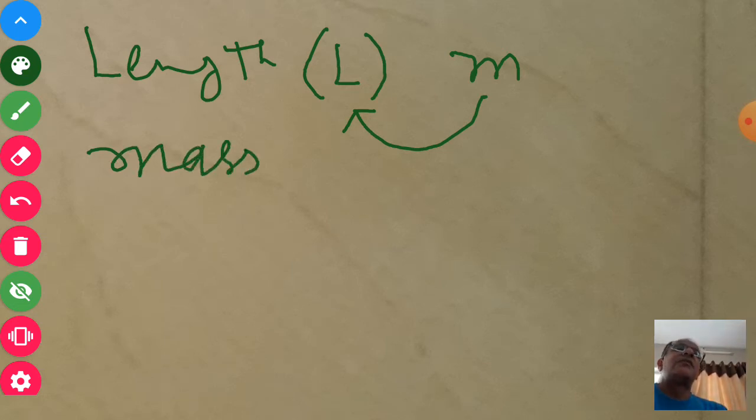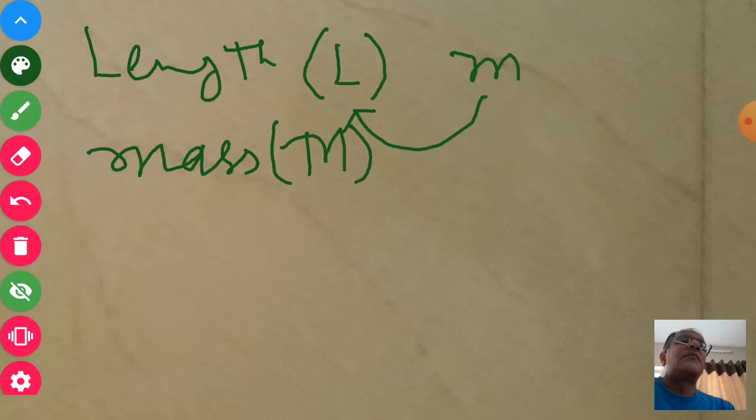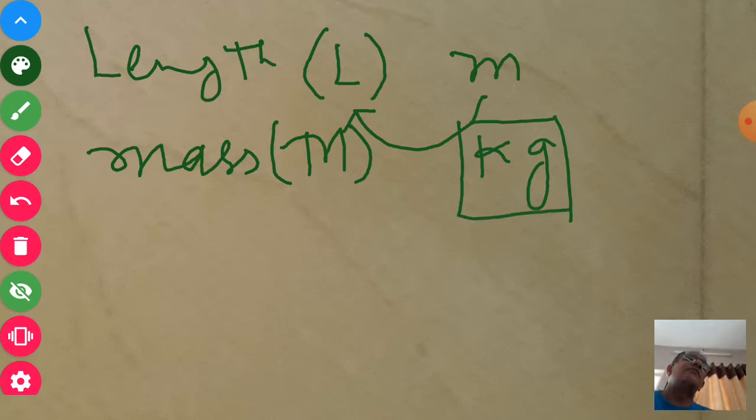For mass we take the first letter M. The unit of mass is kg, so wherever you find kg in a unit, we can say we have measured the mass.